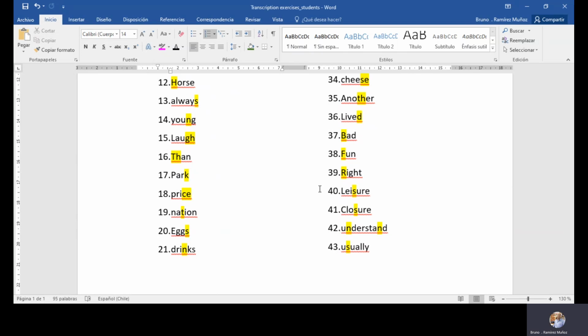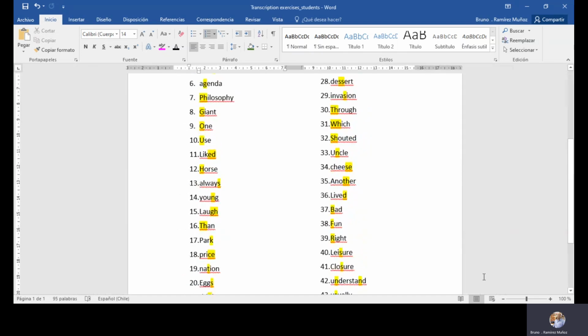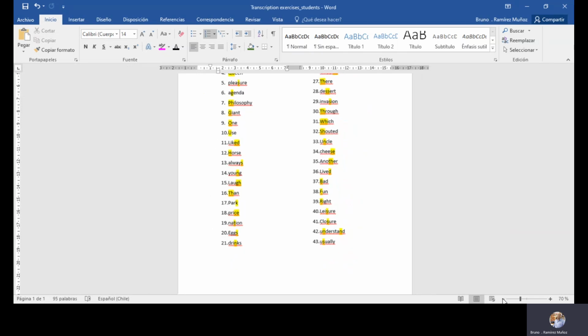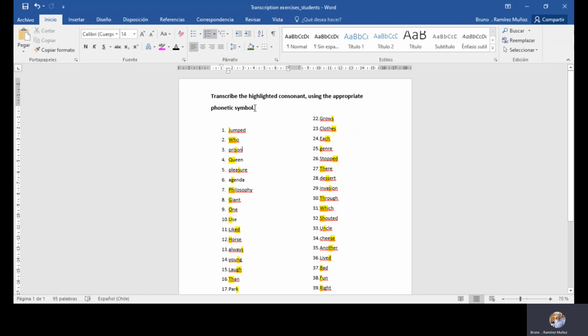Okay, so the idea is that you can work with these words and focus on the highlighted section in the word. And here's the instruction, by the way: transcribe the highlighted consonants using the appropriate phonetic symbol.